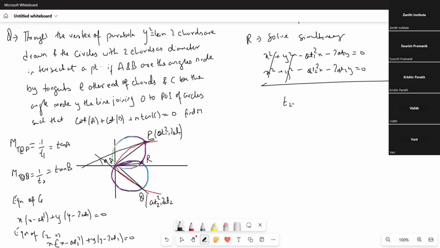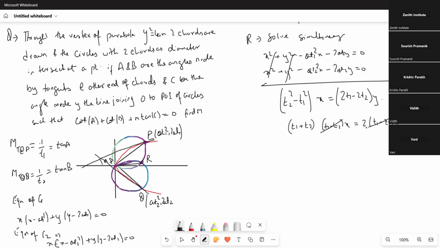So we'll have (t2 square minus t1 square) times x is equal to (2t1 minus 2t2) times y. So that still gives us (t1 plus t2) into (t1 minus t2) x is equal to twice of (t1 minus t2) y.